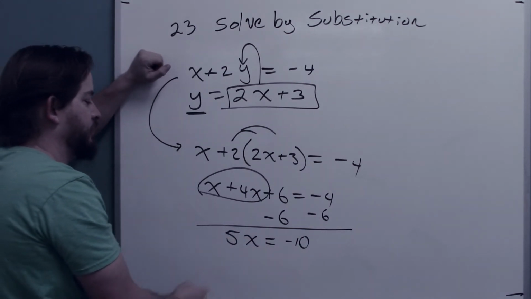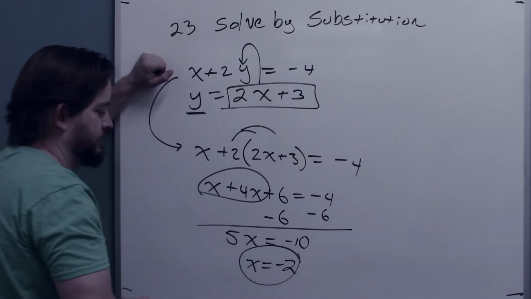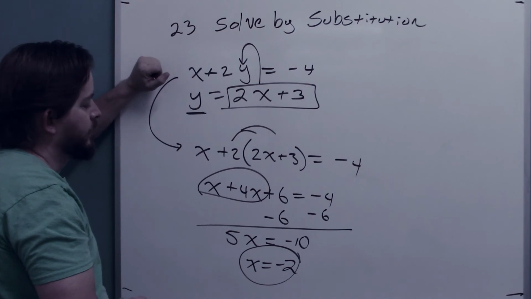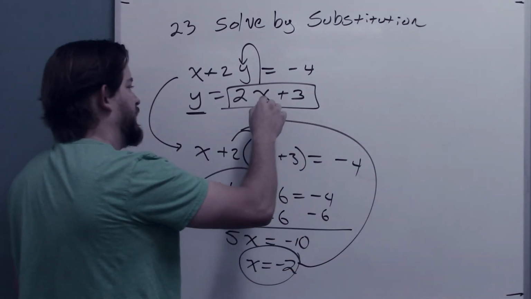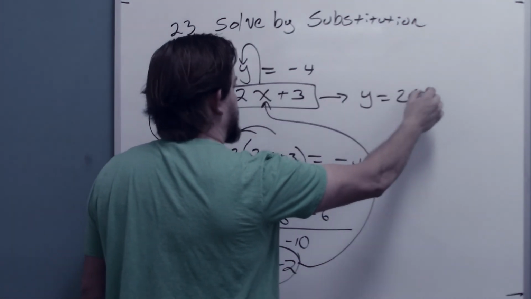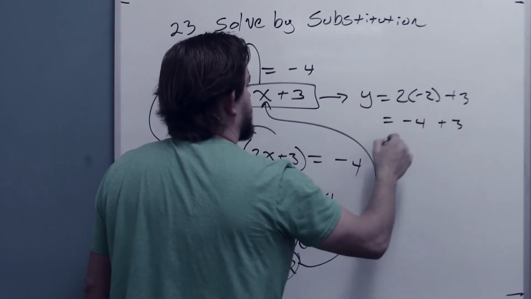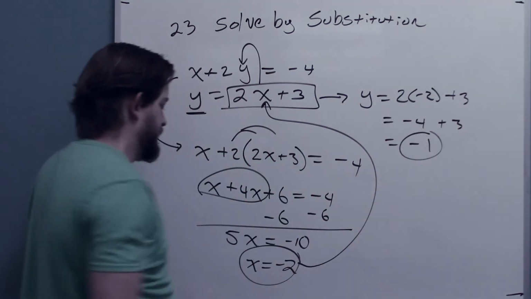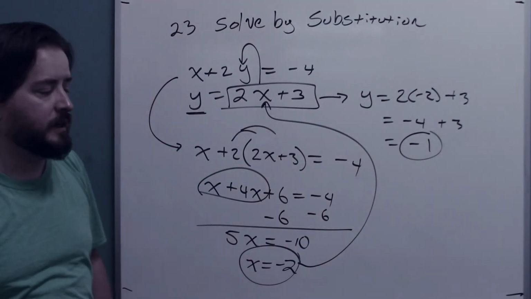You divide each side by 5 and you can see that x is going to equal -2. And then since I know x is -2, I'm going to plug that back in, and that gives me y equals 2 times -2 plus 3, or -4 plus 3, or -1. So I have the point x is -2, y is -1, solved, right?